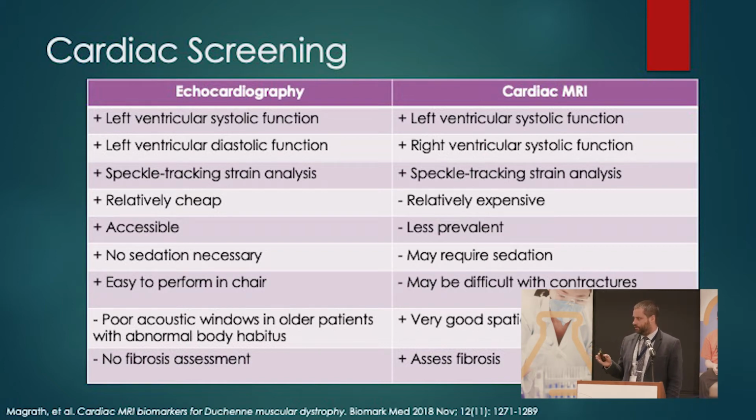Both of them can do what we call speckle tracking strain analysis, which I'm not going to get very much into, but it's basically looking at every pixel on the picture of the heart and looking at almost how each heart cell moves and the velocity of movement, and that is a different way to look at the systolic and diastolic function.